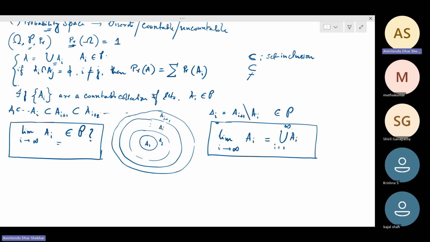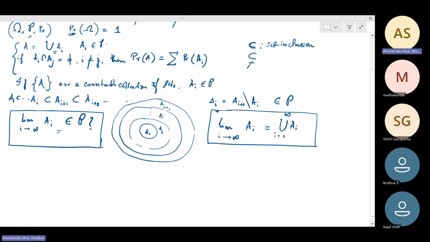Okay. Now, if that is the case, you can write the union over i equals 1 to infinity of A_i to be equal to A1 union this big union of delta_i, where i is equal to 1 to infinity.